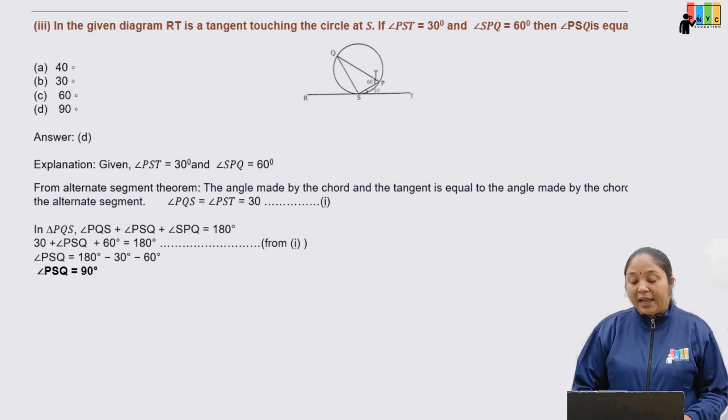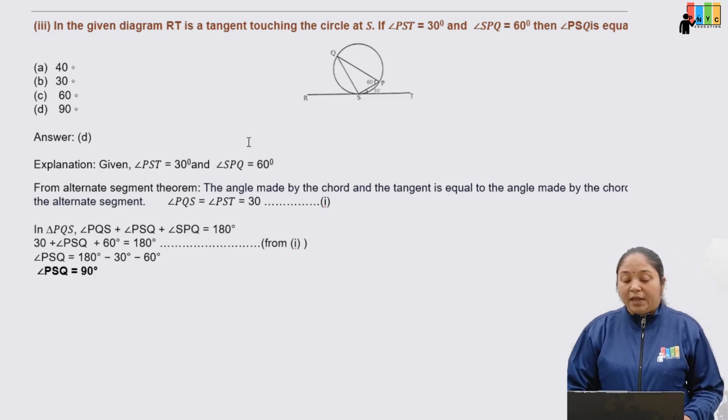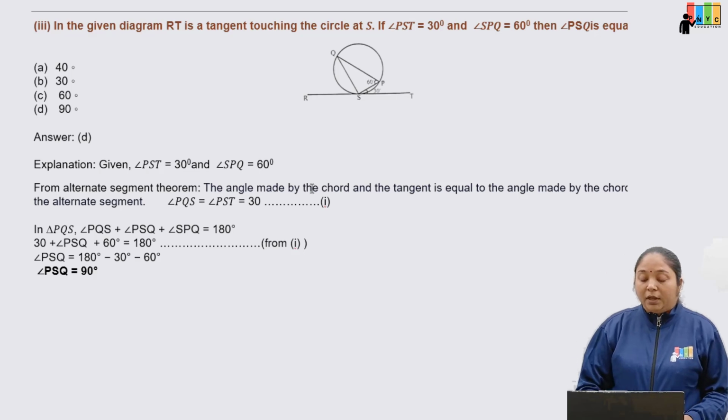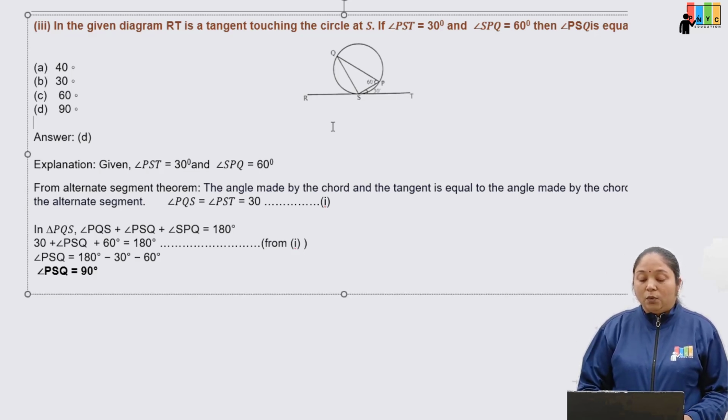We need to find out the angle PSQ. Now here you can see in circle we have one theorem, that is the alternate segment theorem.